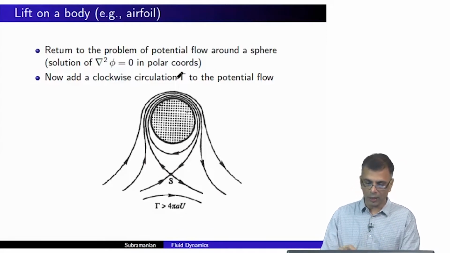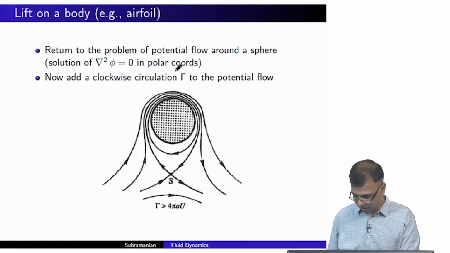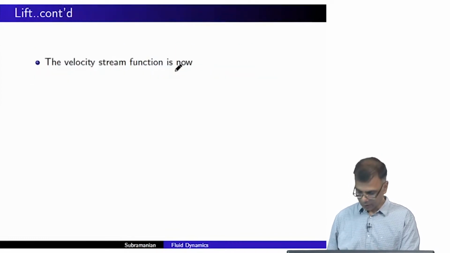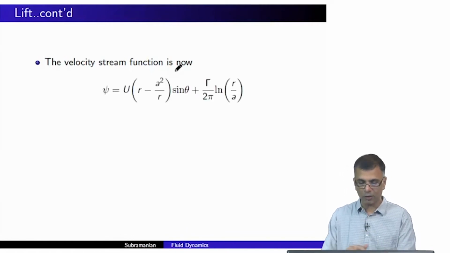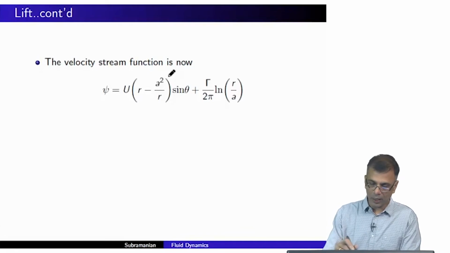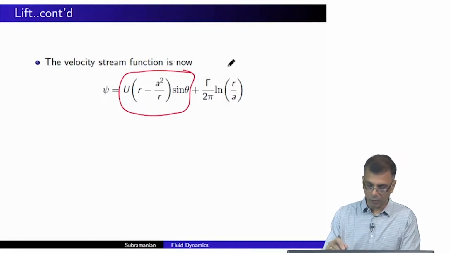So we are adding a circulation gamma, capital gamma, to the potential flow, and that makes the stream function, not yet the velocity, to be this. Earlier we had just this much, and now with the addition of the circulation we have this piece.